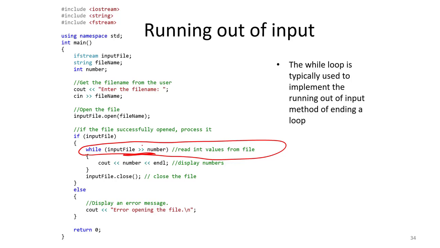So this input file number, this will return true as long as something is read from the input file. So once we have read all of the data, our while condition will become false, and then our while loop will end. So that's an extremely useful way to keep reading from our data file and keep repeating our loop until all the values have been read.